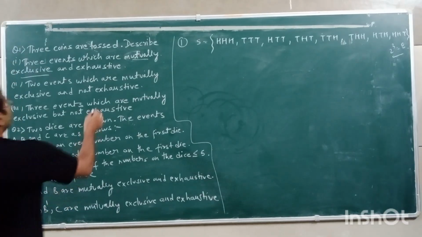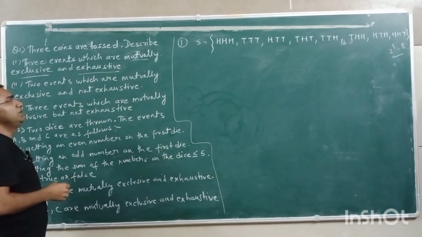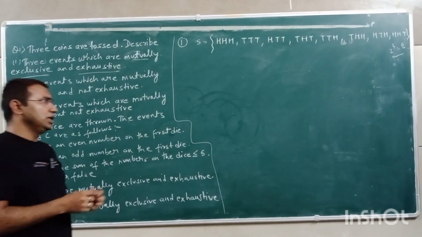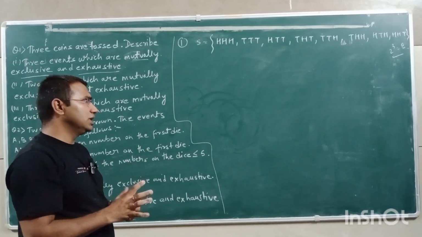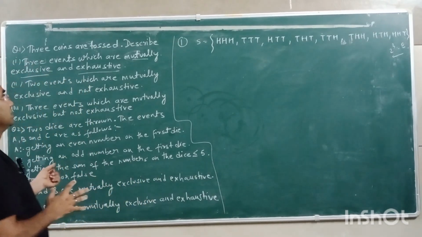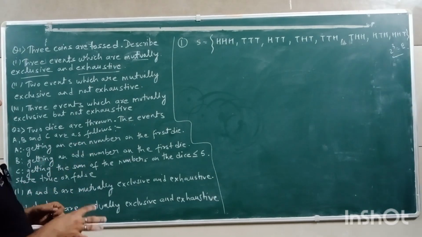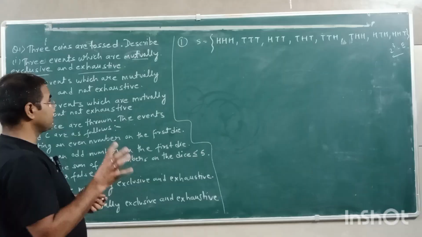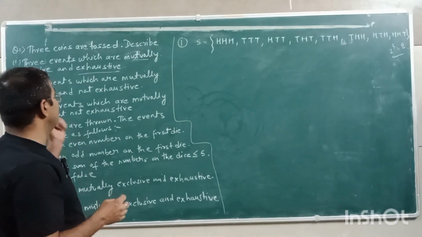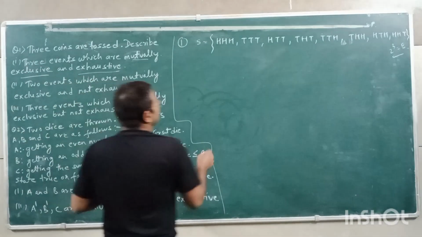Now we will learn the meaning of exhaustive. Exhaustive means if you take the union of all the events and the sample space comes, then you say that all events are exhaustive.